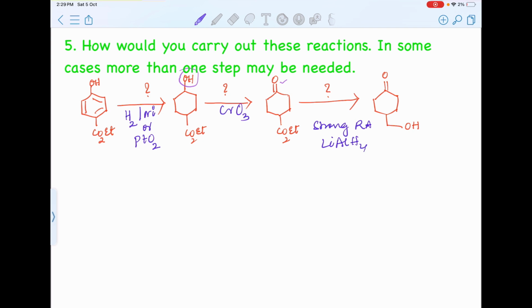So this ketone has to be protected. So here the protection can be done with ethylene glycol, that is the formation of acetal.